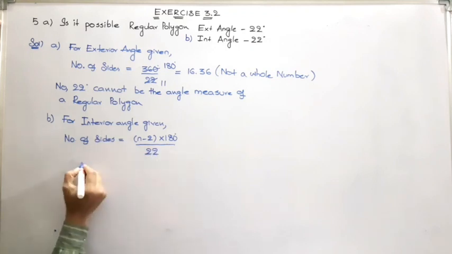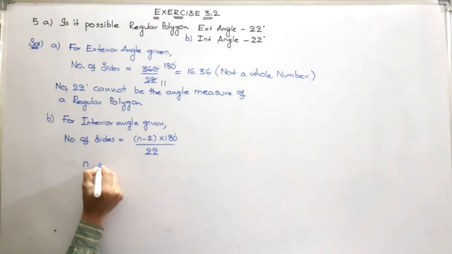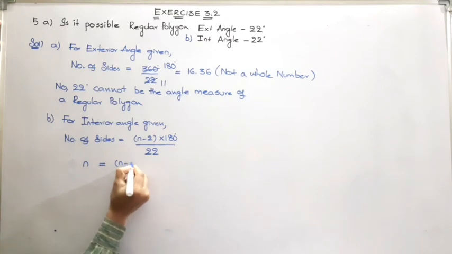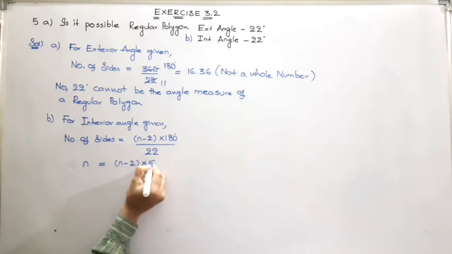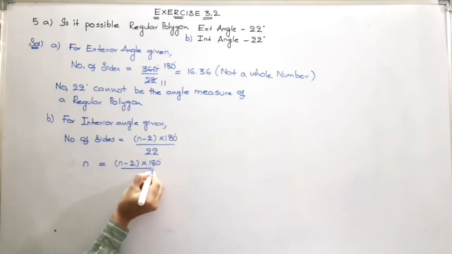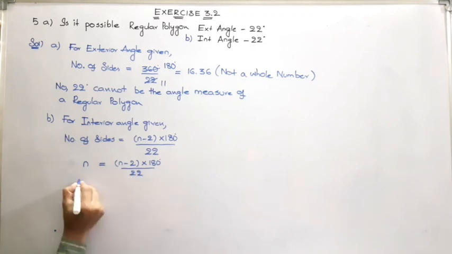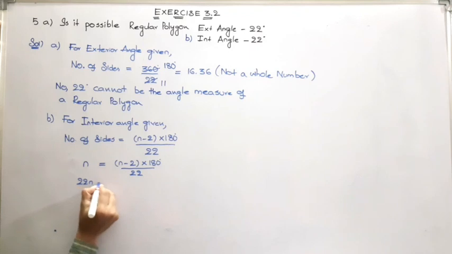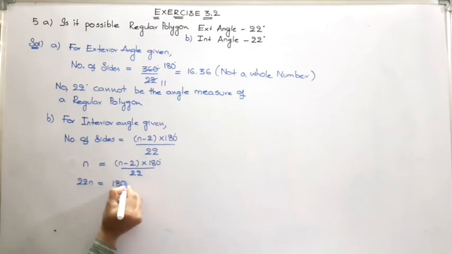If we take n as the number of sides, n is equal to (n minus 2) into 180 degrees divided by 22. So 22n is equal to 180n minus 360.